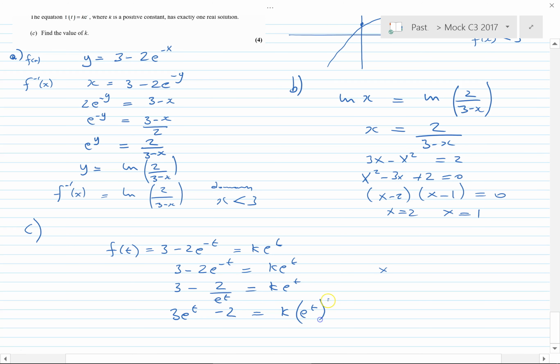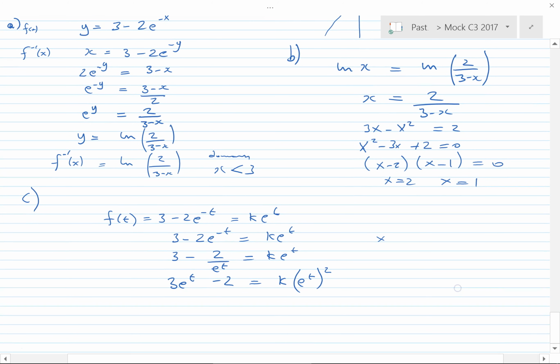I'm going to write it like that, as it makes what we're going to do easier. k e to the 2t minus 3 e to the t plus 2 equals 0.